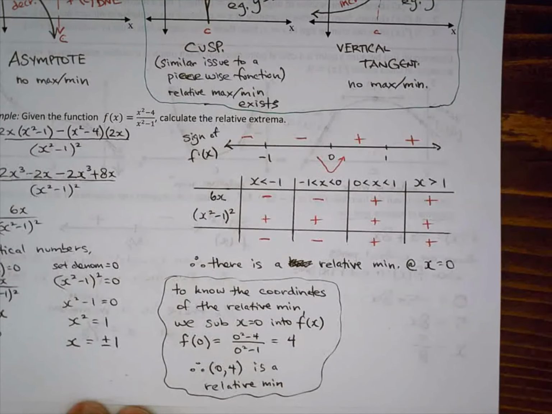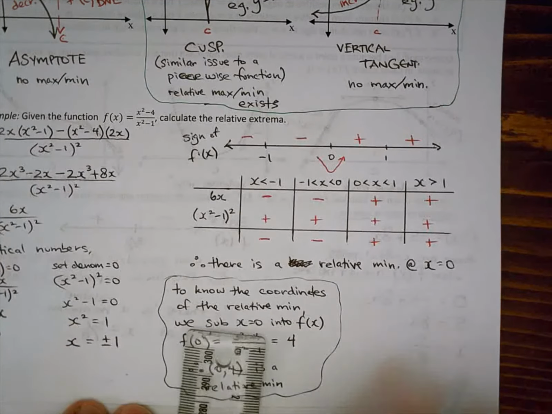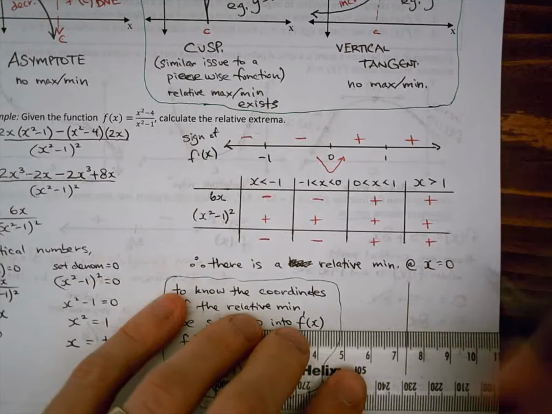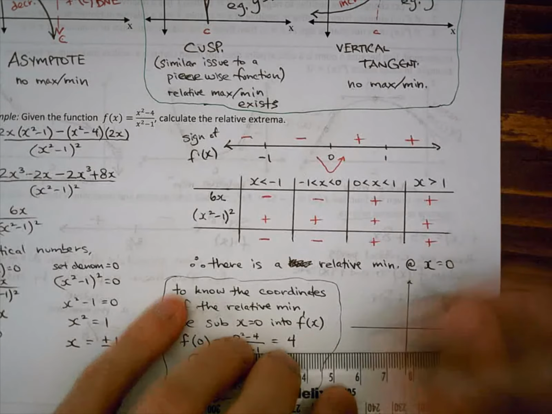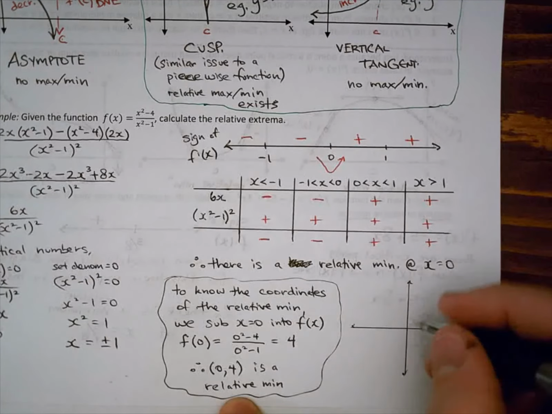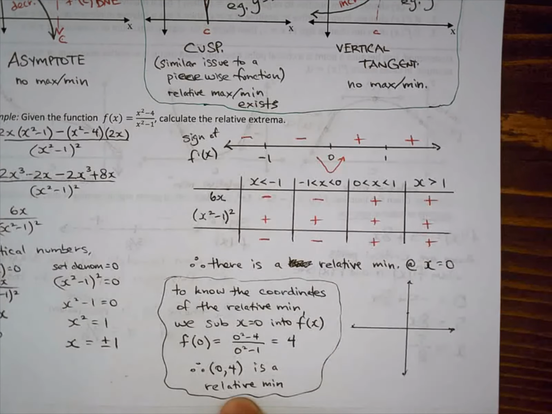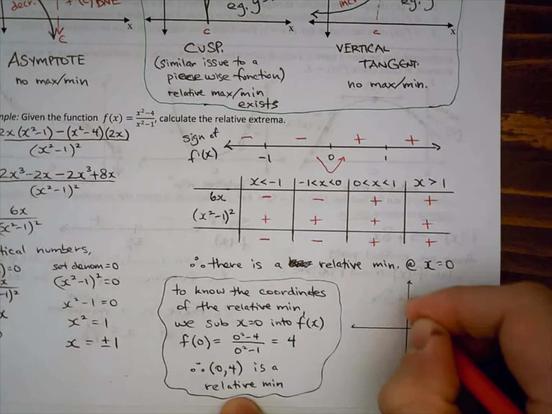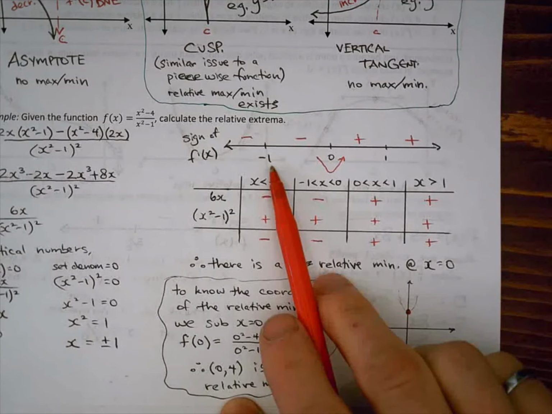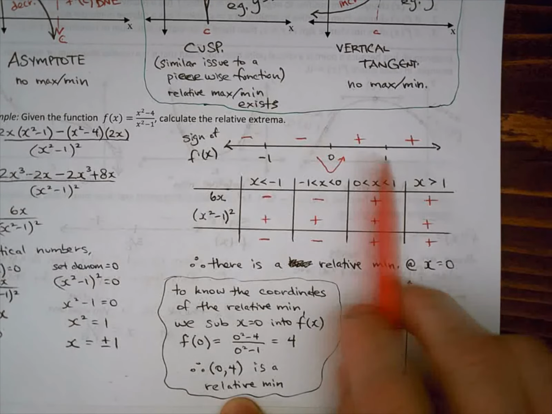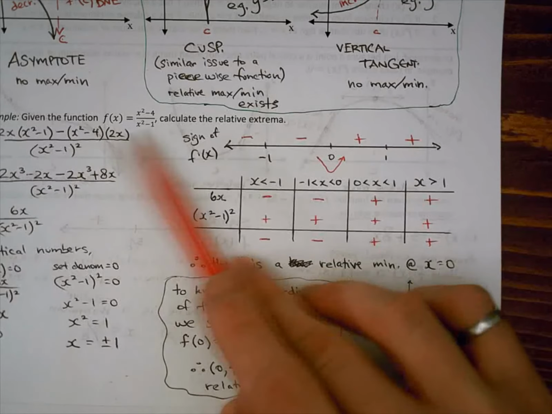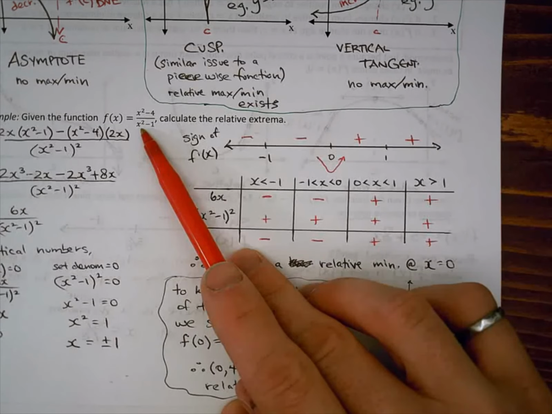So that's something that we're going to be doing later. So we've got to actually calculate the y value. And again, not to really spoil where we're going with this, but if you're wondering what this function looks like, we know that there's a minimum at (0, 4). So somewhere here, we know it goes up on this side and this side. So you're wondering, well, what's happening at -1 and 1? Well, this is a decreasing function in both cases, and we know that those are both going to be asymptotes.